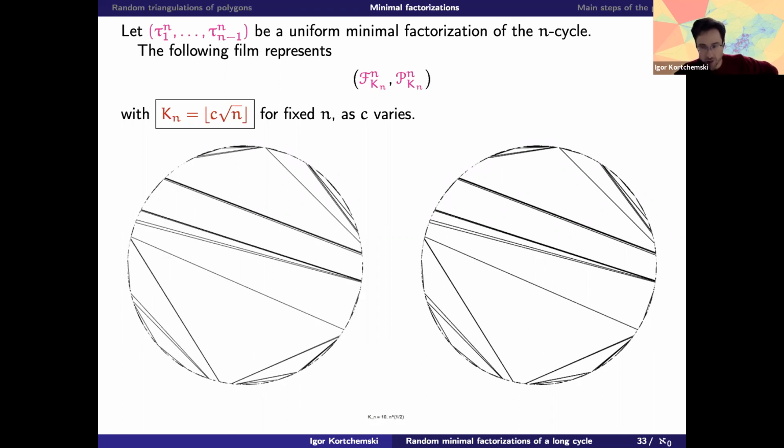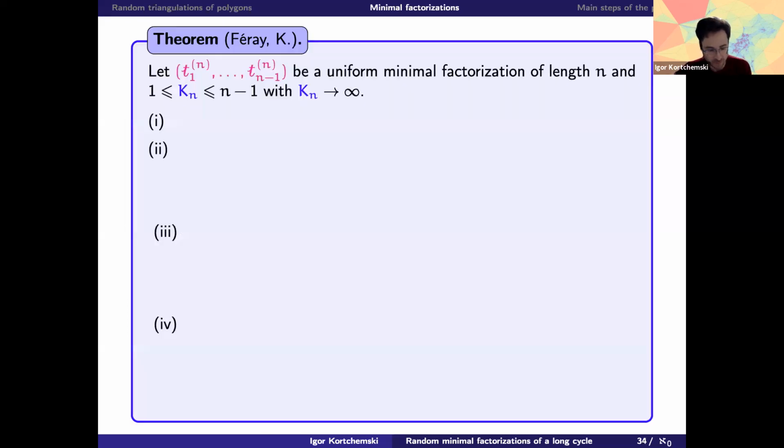And the result we have shown with Valentin is one-dimensional marginal convergence for a fixed value of C. So more precisely, there are 4 regimes for a uniform minimal factorization of length n when we have read k_n transpositions. The first regime is little o of square root n: we read fewer than square root n transpositions.